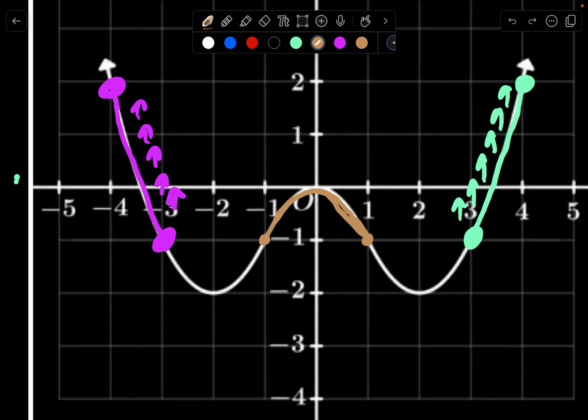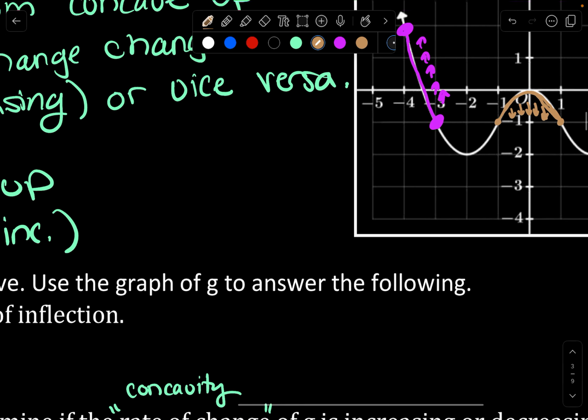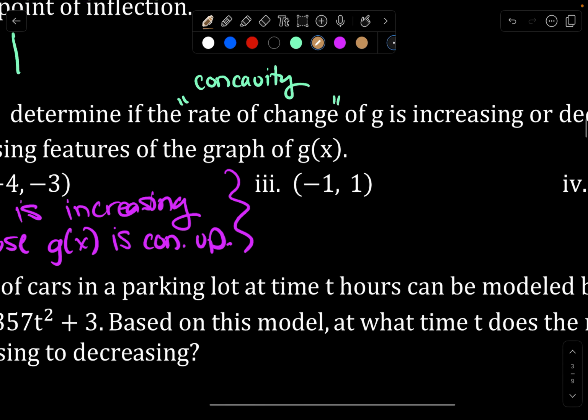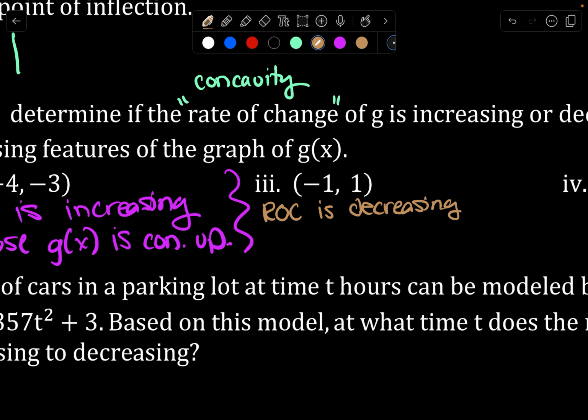Which means we are going through a relative maximum, which means the function will be concave down here. So from -1 to +1, the rate of change is decreasing because g of x is concave down.